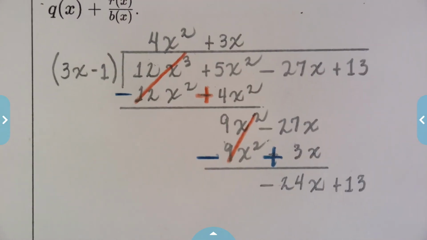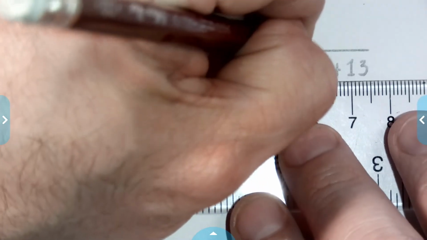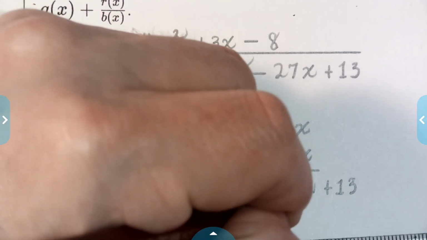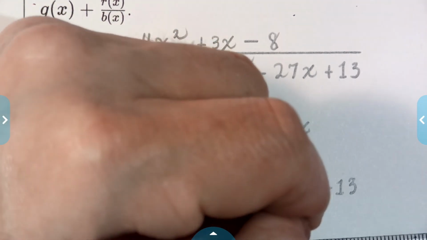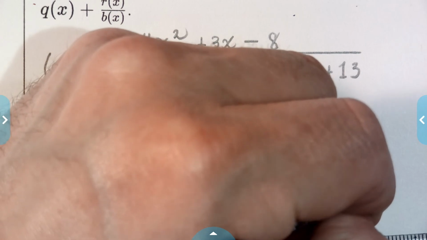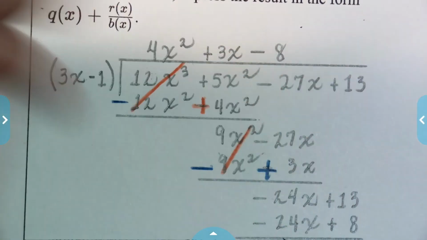So you're going to put, what? To make negative 24x, you would put negative 8. And negative 8 times 3x would give you negative 24x. Negative 8 times negative 1 is positive 8. Now we're going to change both signs, so draw a line.